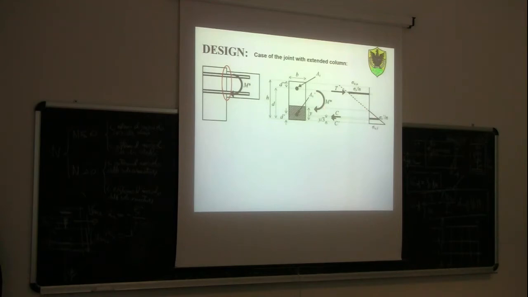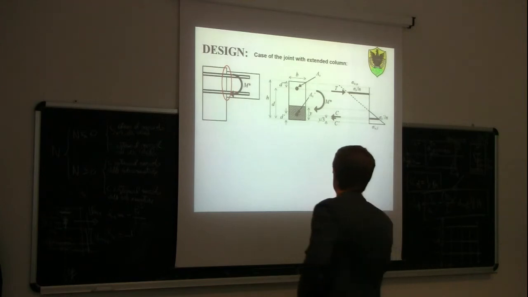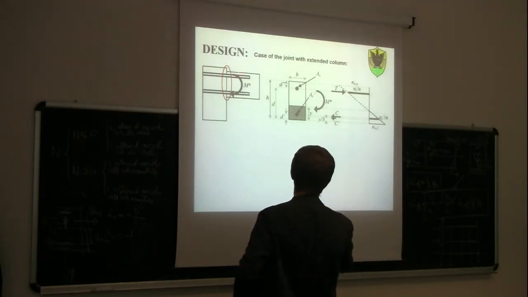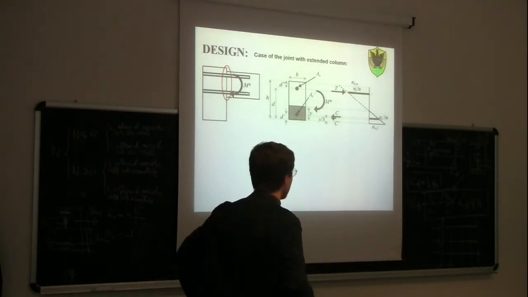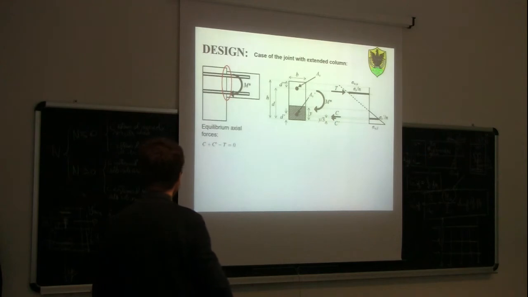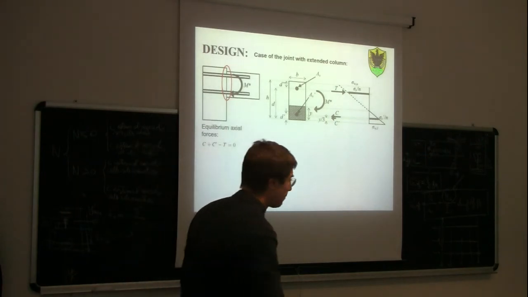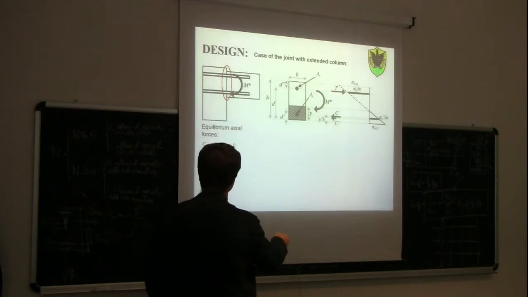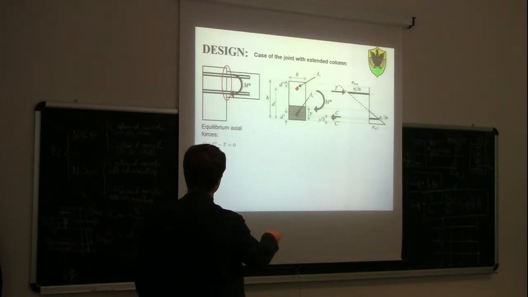So in the end, we can use the same formulas that we derived for reinforced concrete in the cracked phase, also to solve the distribution of stresses at the interface between the beam and the column in this type of joint. So we derived last time, if you remember, we started by writing the equilibrium between the tensile forces in the upper bar and the compression forces in the lower bar and in the timber itself.